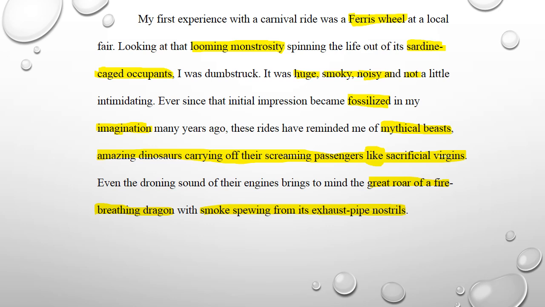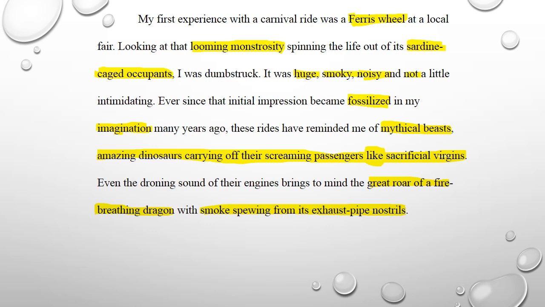Remember in the video that I posted just before this one, where it talks about the list of things to remember when you are writing a descriptive essay, and it talked about choosing vivid language, choosing tempestuous instead of violent, or choosing miserly instead of cheap. Well, here he uses looming monstrosity instead of simply big, right? You know that it's huge if it's a monstrosity.